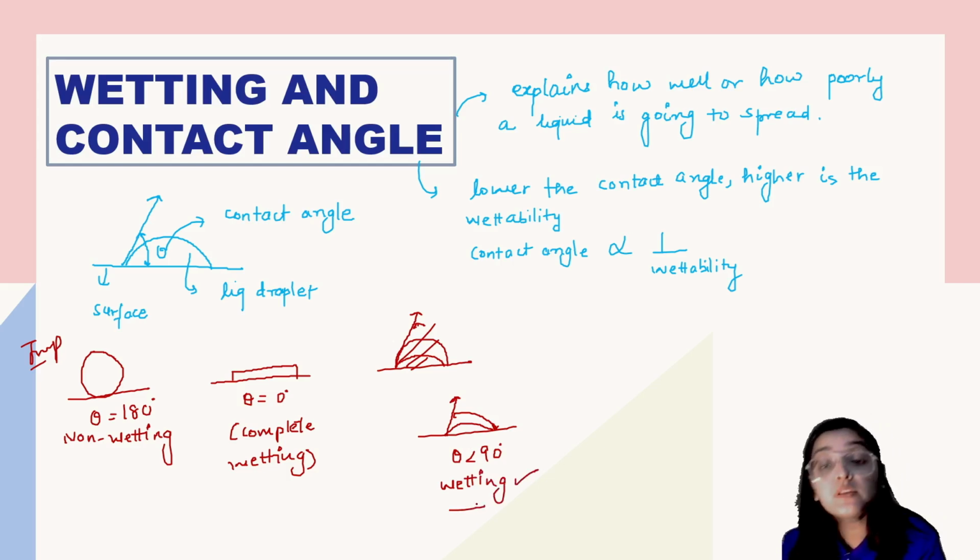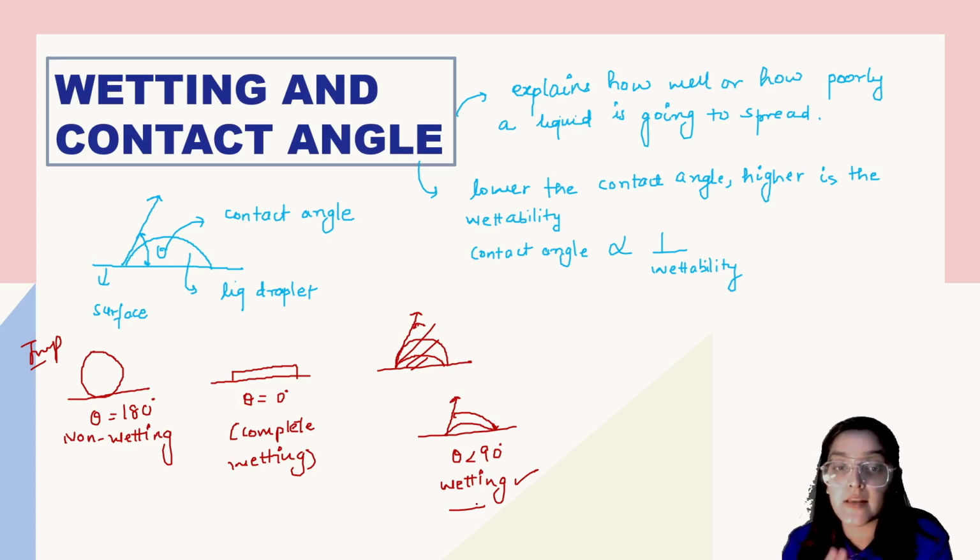If it is more than 90 degrees, then there will be no wetting at all. If the contact angle is 0, there will be complete wetting. So you must know that the contact angle is inversely proportional to the wettability. The higher the contact angle, the lower the wettability, and the lower the contact angle, the higher the wettability.